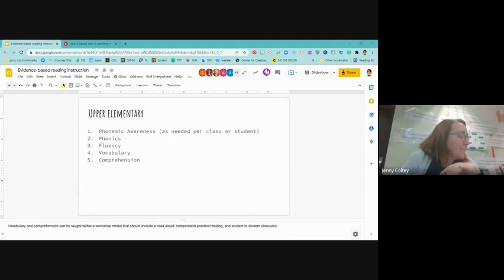And for middle and high school, again, phonemic awareness as needed per class or student, phonics, fluency, vocabulary, and comprehension. A workshop model is a really great way of getting all these pieces in, so you can be working with small groups of students while other students are doing other things.